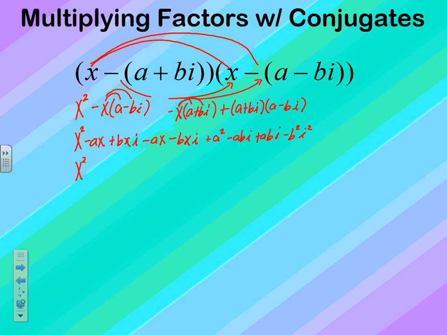Combine our like terms. So negative ax and the negative ax will give me minus 2ax. The positive bxi and the negative bxi cancel. So now I have the a squared, and negative abi and positive abi cancel, and negative b squared times i squared will give me plus b squared.